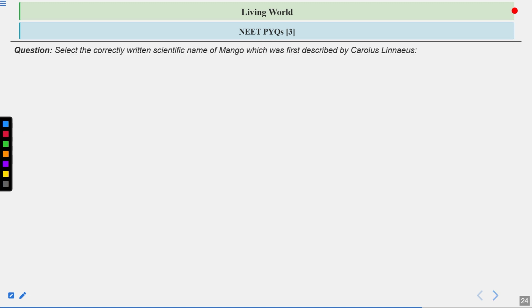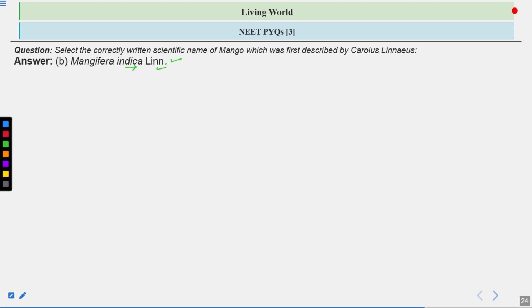Well, let's have a look at the answer here. So the answer is option B, Mangifera indica Linn. This is the correct answer. Okay, so here the author name is written after the specific epithet, and that too in abbreviated form. And only Linn is written, not Carolus.